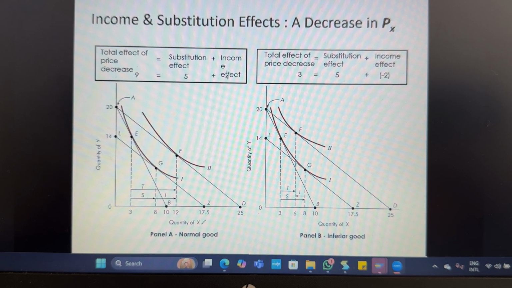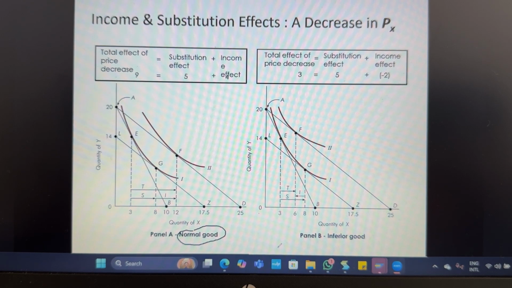Now you know how to separate the total effect into a substitution and income effect for a normal good. Now I am asking a question. If I ask you to do this in the examination, see whether you can do it or not.